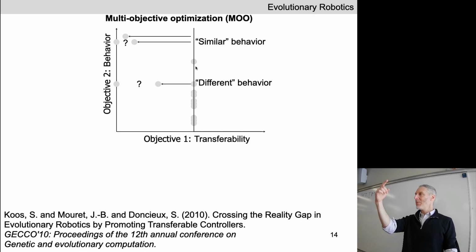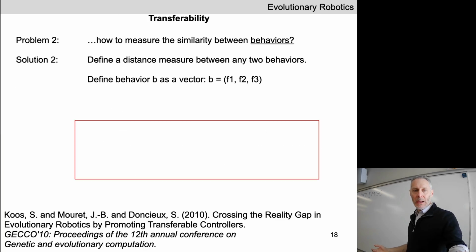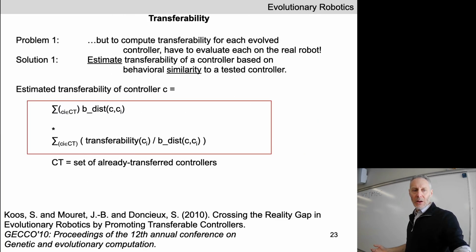Every time the real robot sends back a new triplet of behavioral features, we add that controller to the set CT, and Moo is now able to estimate the transferability of controllers better because it has more controllers with which to base its estimate. Everybody see now how the transferability project runs?